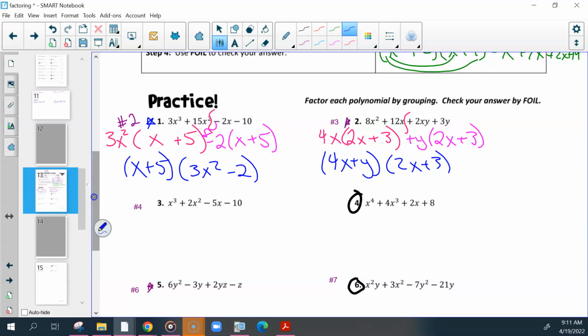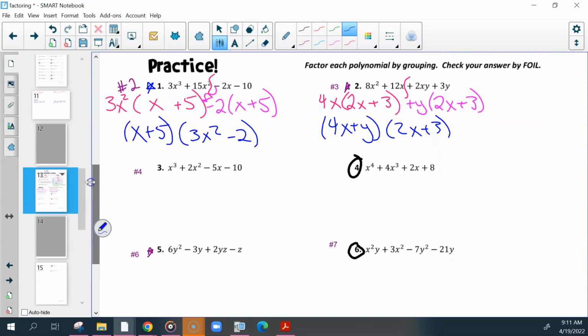Okay, so 2xy plus 3y. And then now it's just plus y, then parentheses 2x. We divided a y out of both of these. Okay. That's the GCF is y. And then you divide everything by 1.